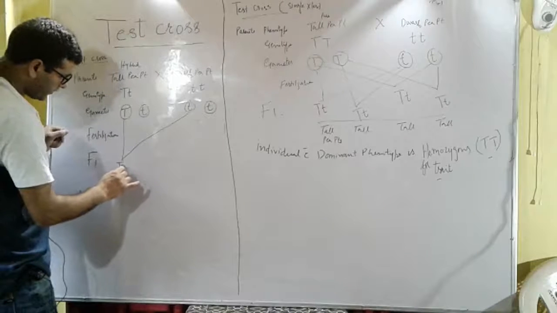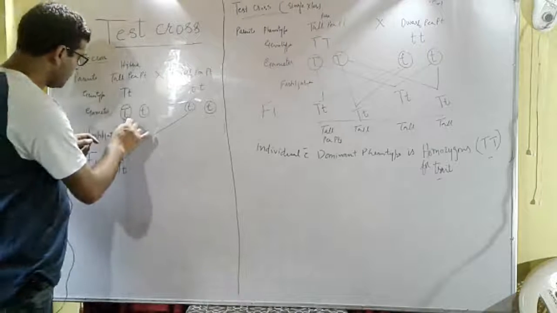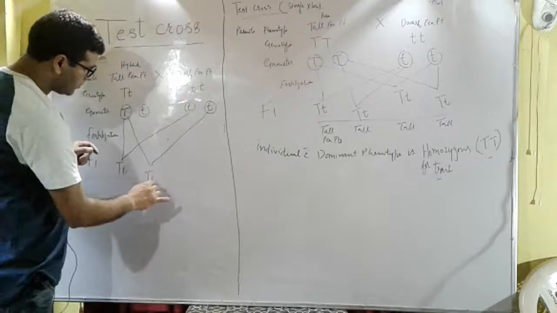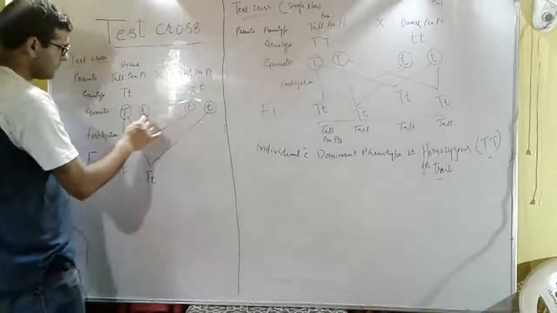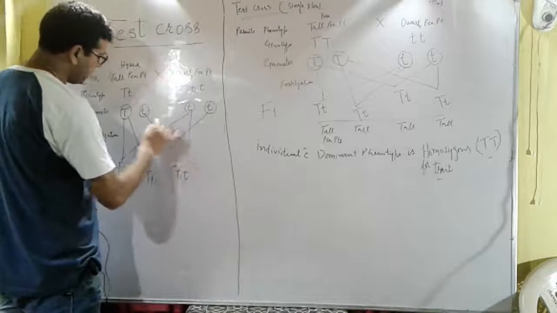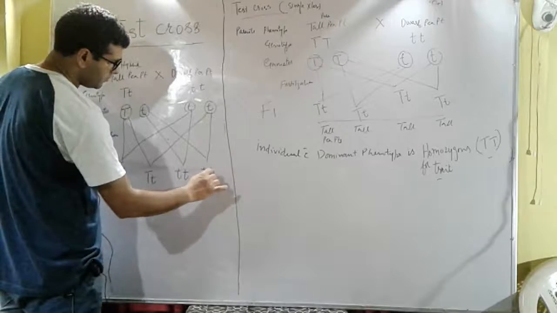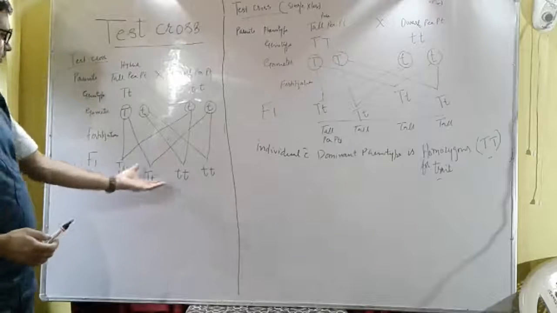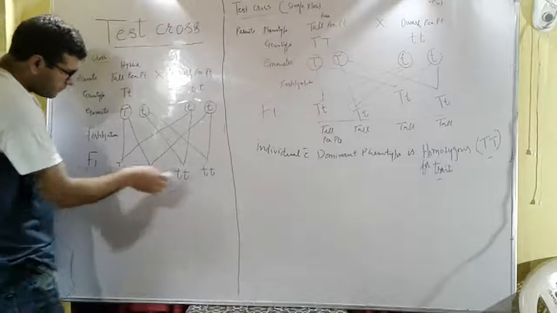So capital T, small t. This is one individual. This other gamete will fuse with this gamete, so we have capital T, small t. Then this gamete will fuse with this gamete, we have small t, small t. And this gamete will fuse with this gamete, we have small t, small t. So in the F1 generation, we obtained two types of individuals.